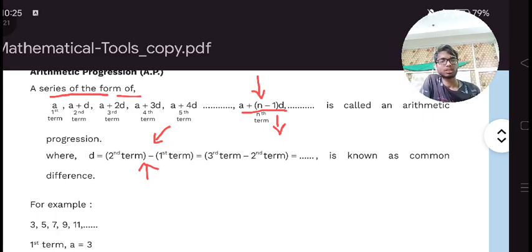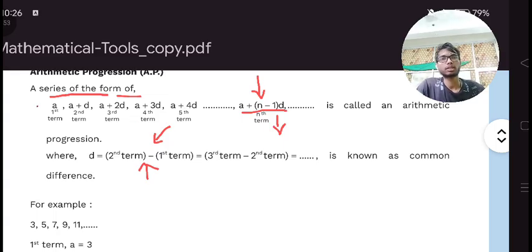You will see the importance of d, you will realize that. So the question is, how to calculate d? Just subtract the first term from the second term. So a small thing will be subtracted from a big thing. Okay, this is what will happen.